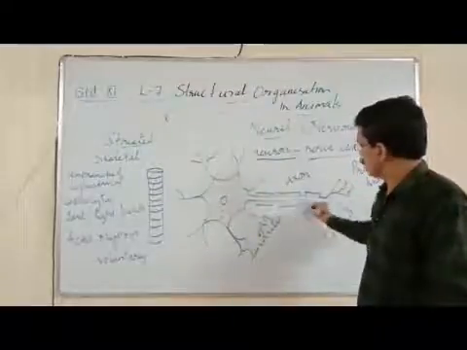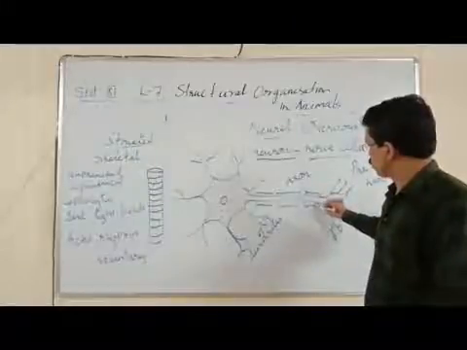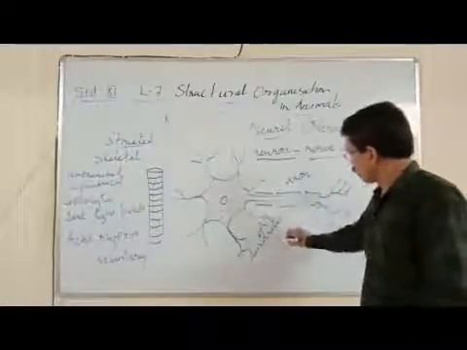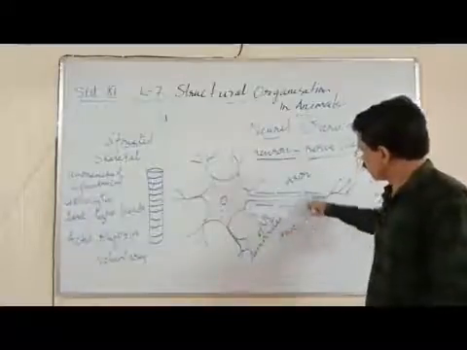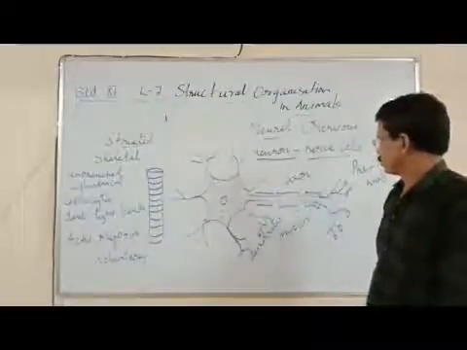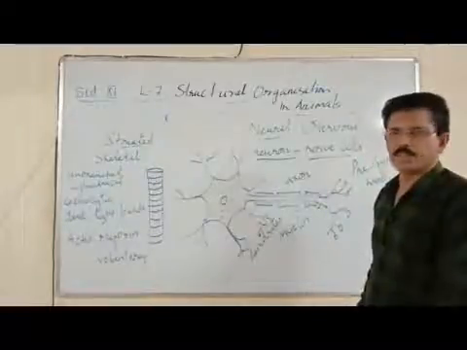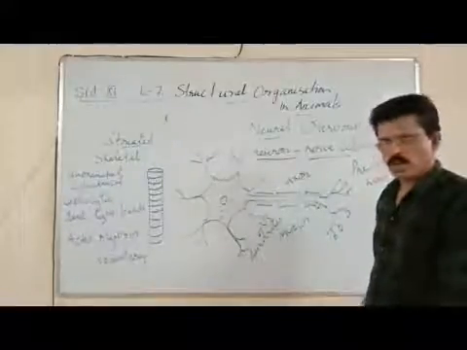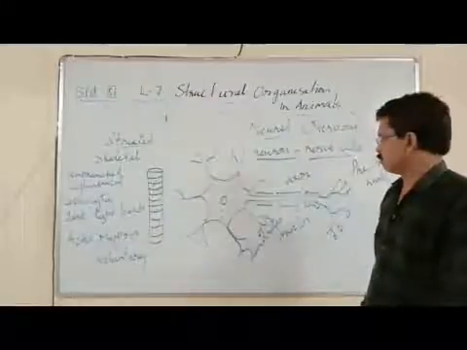Why is there a covering or coating of the myelin sheath around the axon? Because the myelin sheath increases the speed of the impulses passing through the axon. Thereby the axon, or the nerve cell or neuron, becomes the fastest communication system in our body.